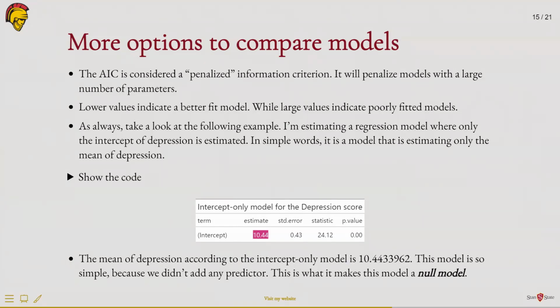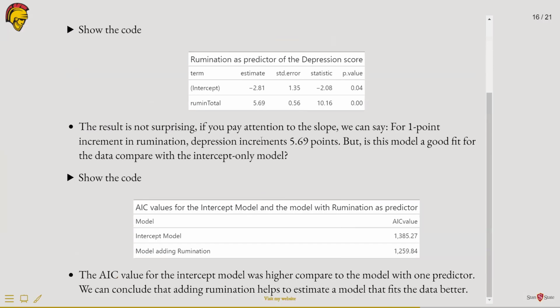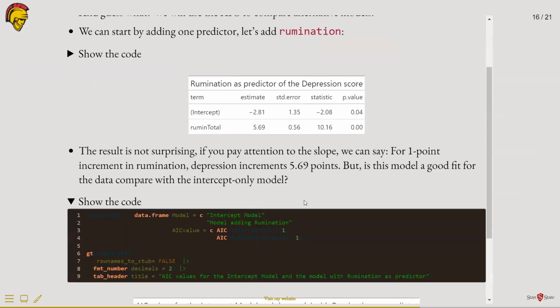That's the worst model that you can have in statistics, because you are not adding any information to the model. It's just the mean. So in this case, we can compare this model versus another model where I add rumination. Yes, again, rumination.